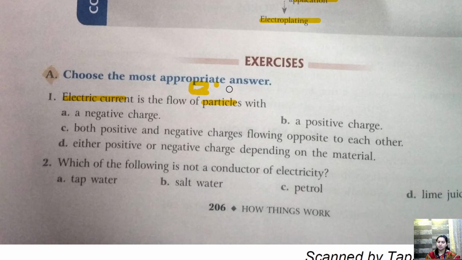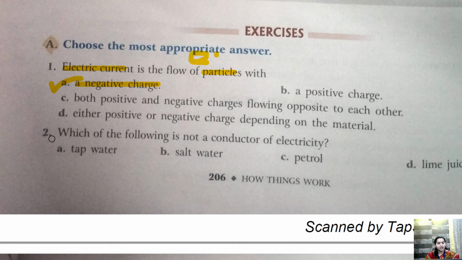Positive charge doesn't move. So, electric current is the flow of electron, and electrons are which charge, positive or negative? It is negative charge. So, flow of a negative charge will produce an electric current. So, what is the correct answer? A. Negative charge.